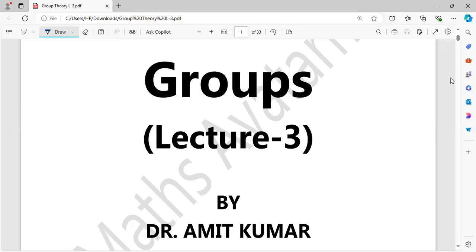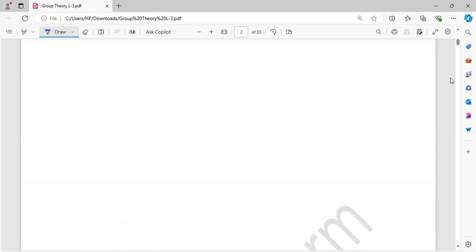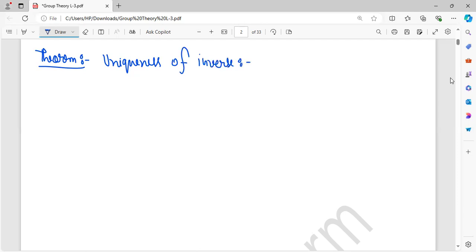Today we are going to see another property of a group, that every element in a group has a unique inverse. Okay. So we'll prove it. Let's say it's a theorem. This theorem is nothing but uniqueness of inverse.